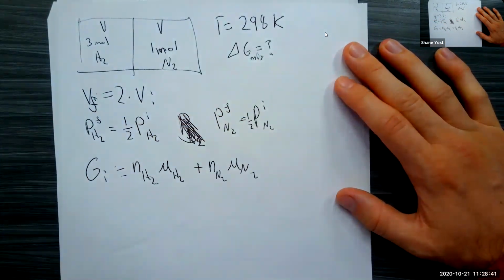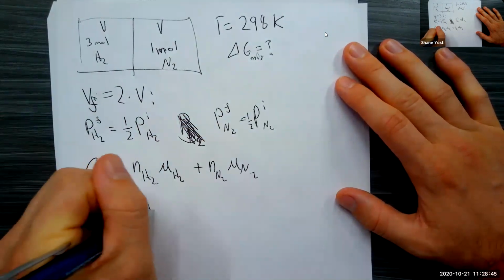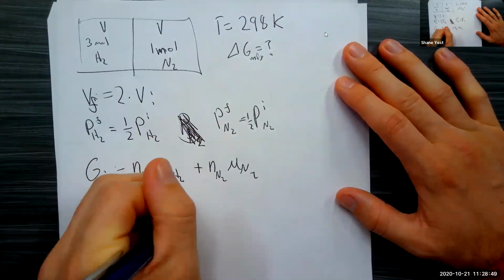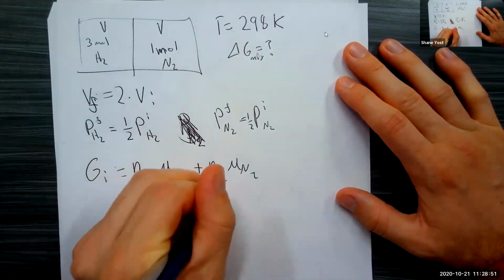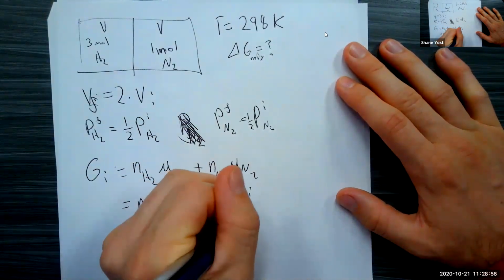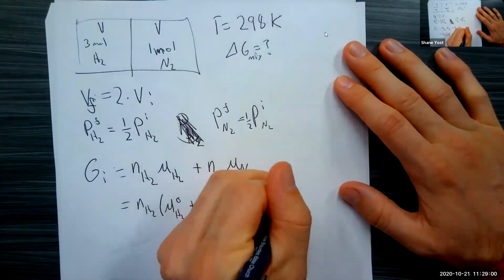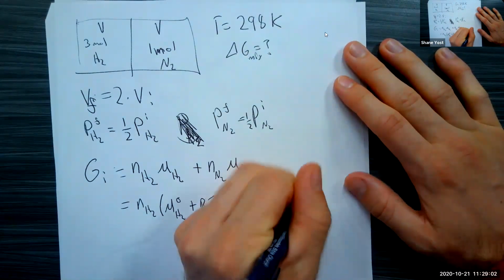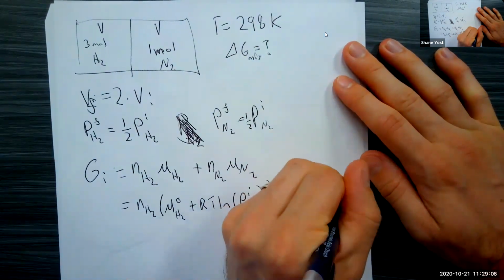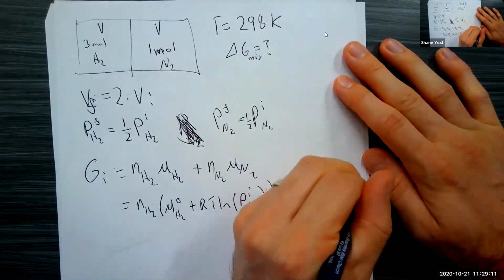This is number of moles of H2 times (mu H2 naught plus RT ln P initial H2), plus number of moles of N2 times (mu N2 naught plus RT ln P N2 initial).